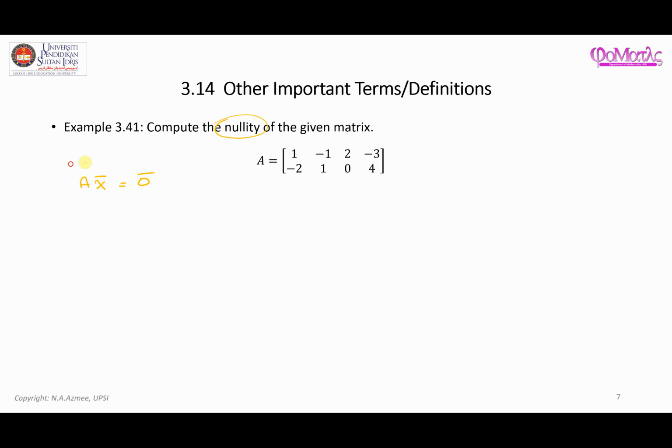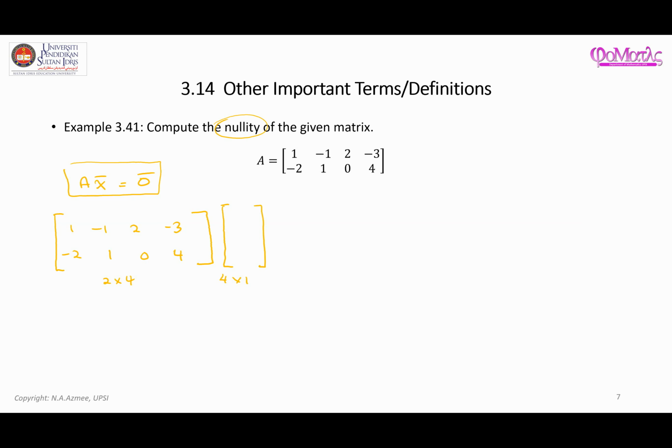Okay, so this is the starting point, and here is the matrix. So I'm just going to write down the matrix: 1, -1, 2, -3, -2, 1, 0, 4, and here is clearly a 2 by 4 matrix. Therefore, here must be 4 by 1 matrix.